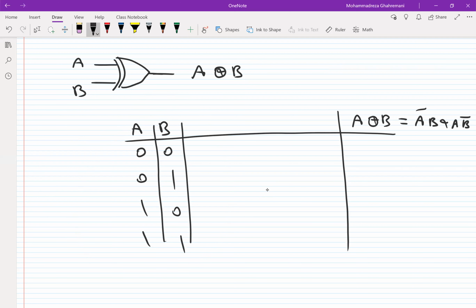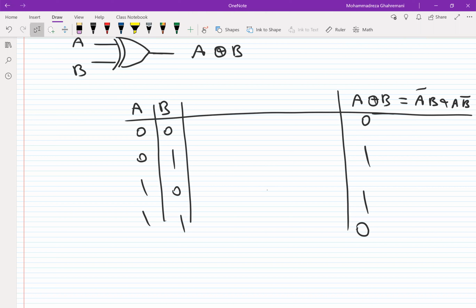So for 0, 0, there is no odd number of inputs equal to one, so it's 0. For 0, 1, the output is 1. For 1, 0, it's 1. And for 1, 1, because we have an even number of 1s, the output is 0. Okay, so this is the XOR gate based on the input.